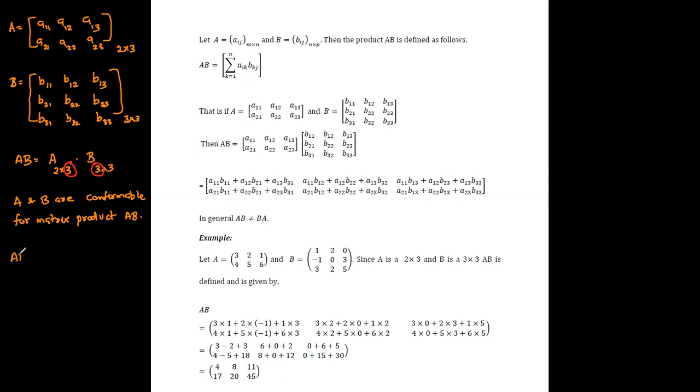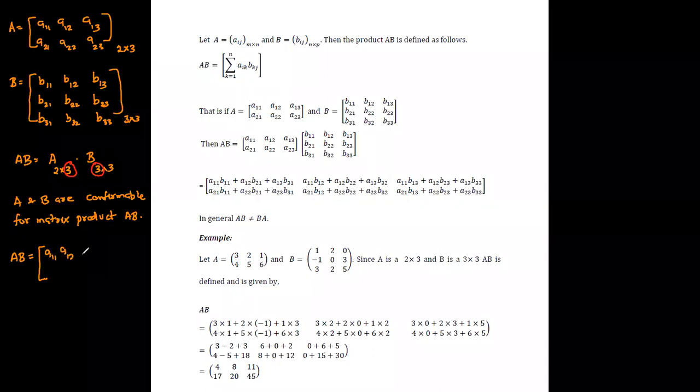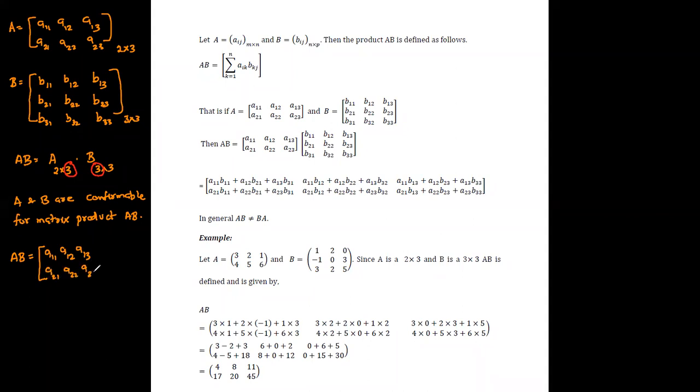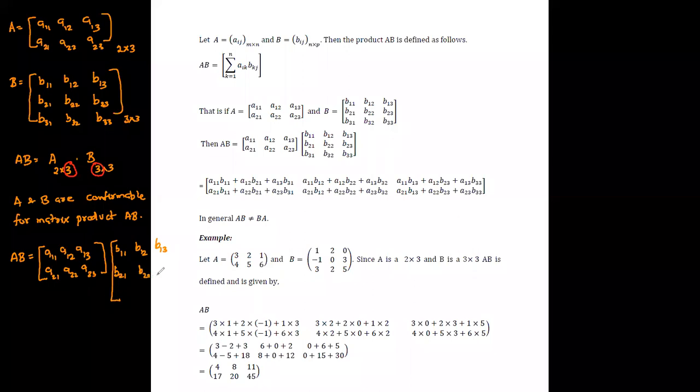Then we can write down the elements of the matrices in this form. Here we can say this is the matrix A, and the elements of matrix B. Now what we need to do is first identify row and column.